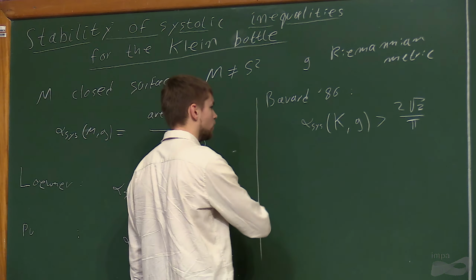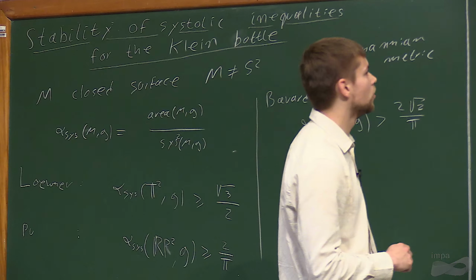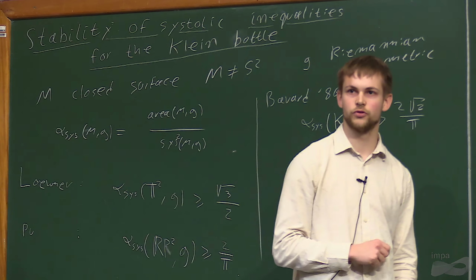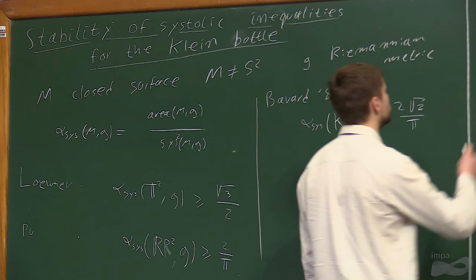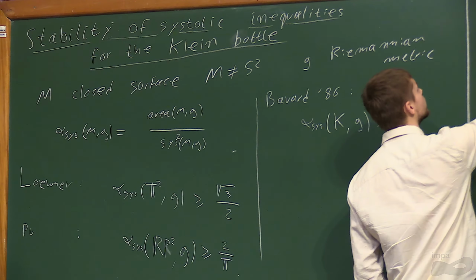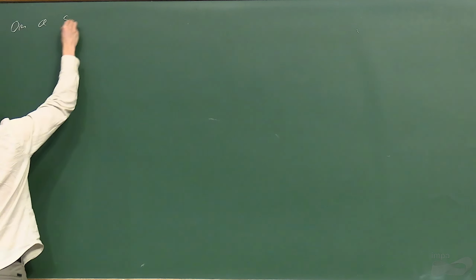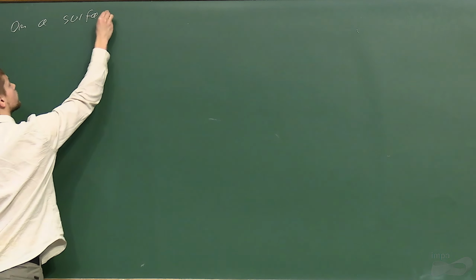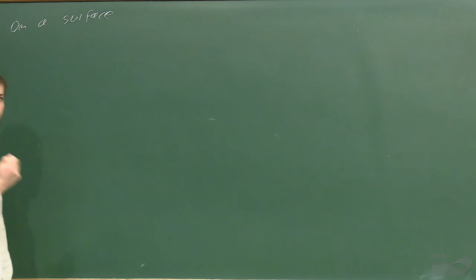And so when you work on surfaces, it's always useful to use conformal metrics and conformal classes, because the conformal representation theorem gives us that on a surface any metric can be written as a conformal factor times a metric of constant curvature.